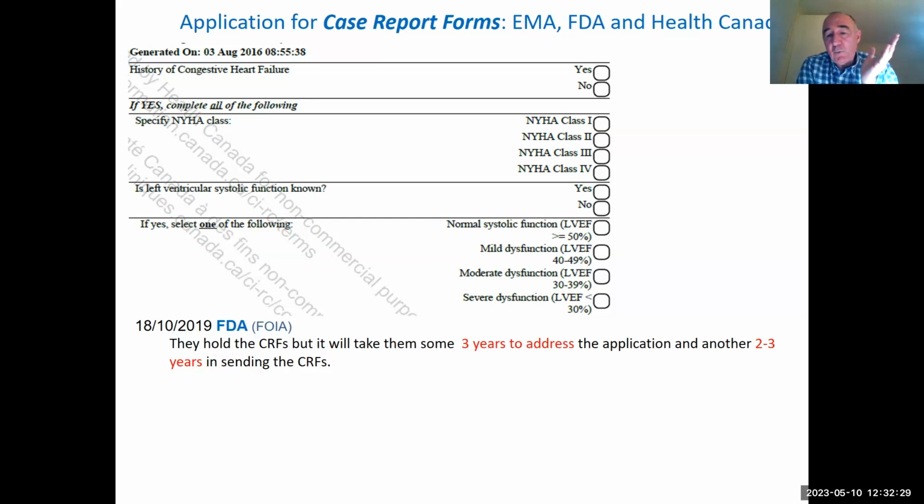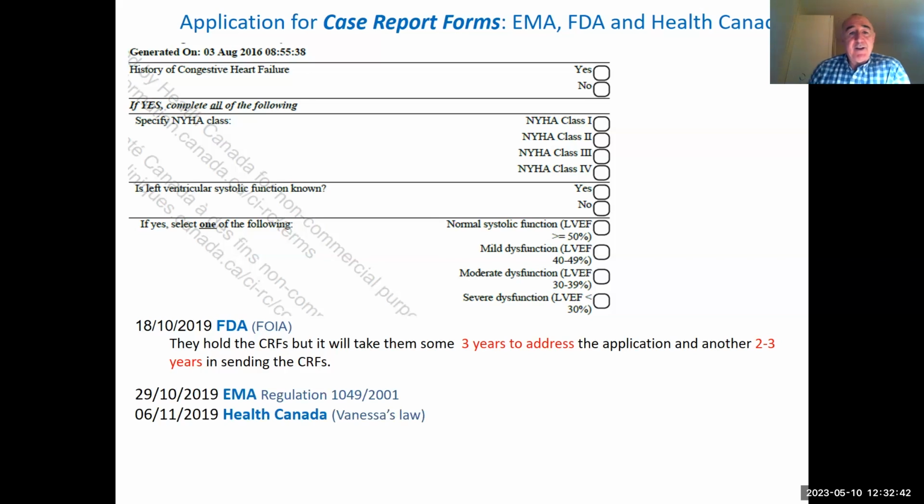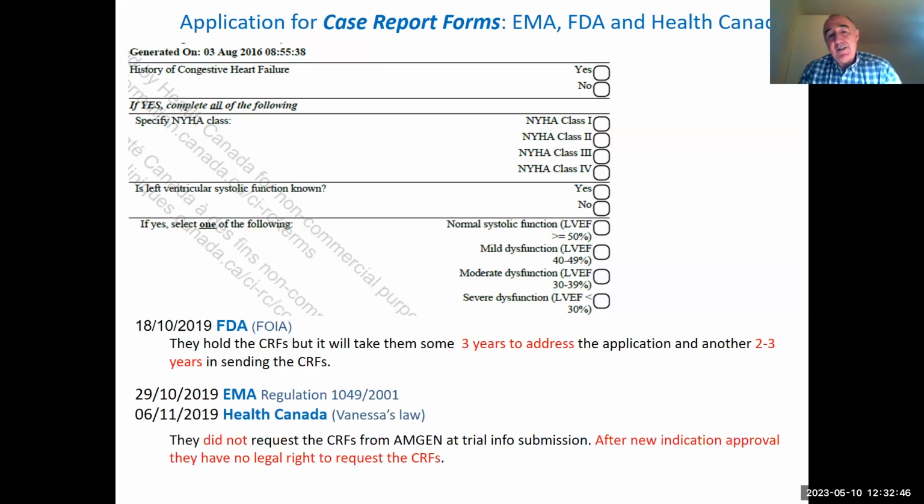Over 3 years have already passed since this application, and so far we have had no news from the FDA. We also contacted the EMA and Health Canada, and both of them said exactly the same.